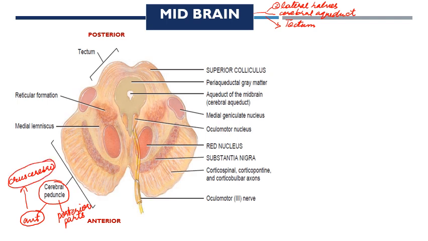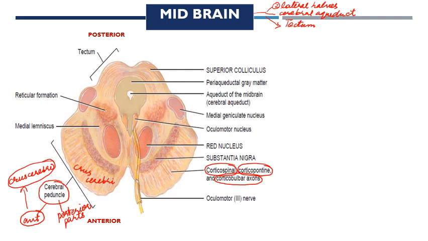So this portion is the crus cerebri. The crus cerebri on each side contains corticospinal tracts, corticopontine tracts, and corticobulbar tracts.